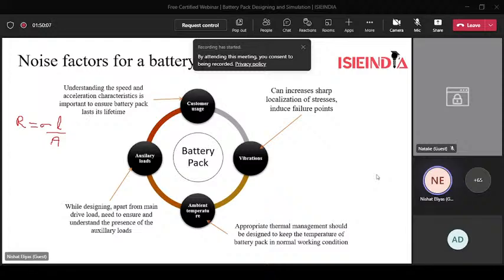There may be the air conditioners of the vehicle. So we have to keep these things in consideration to design a proper battery pack which can provide sufficient power to the auxiliary systems as well as the primary system.